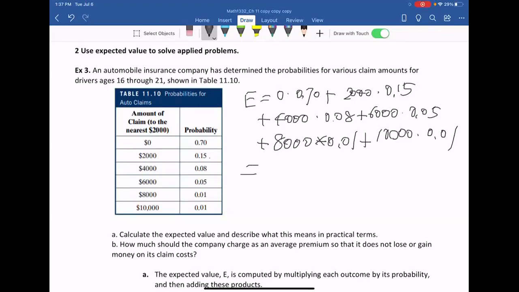So the result is about 1100. So remember, this is the claim cost, so the unit should be dollars.